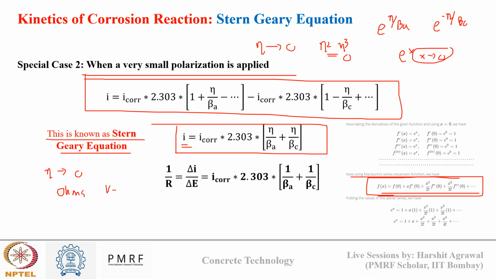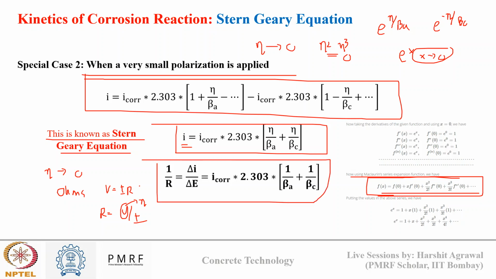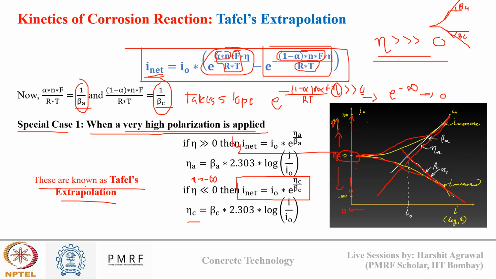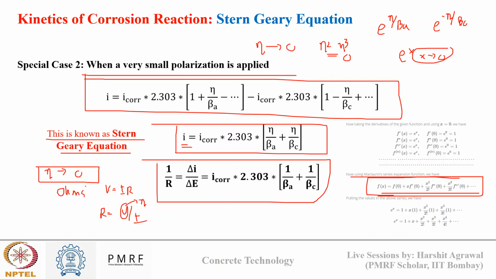Ohm's law says that V is equal to IR, so R will be equal to V by I. We know the equation of I, and we know V is our eta, so we can get the polarization resistance also. This is only true when we apply a very small polarization potential. So these are two special cases of the Butler-Volmer equation, for very high polarization and for very small polarization.